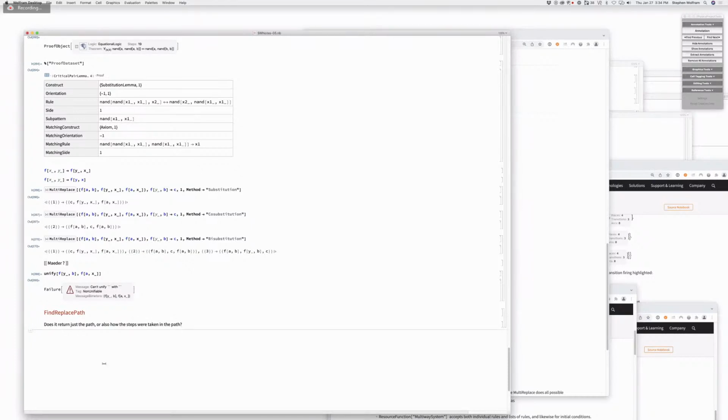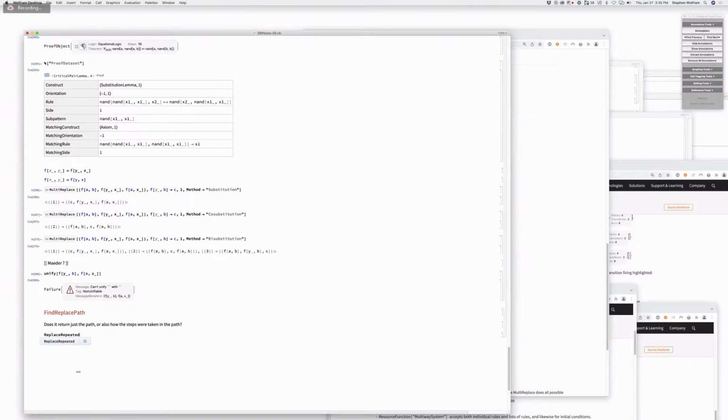Okay, so find replace path. What is replace repeated? Isn't find replace path related to replace repeated more so than to replace?